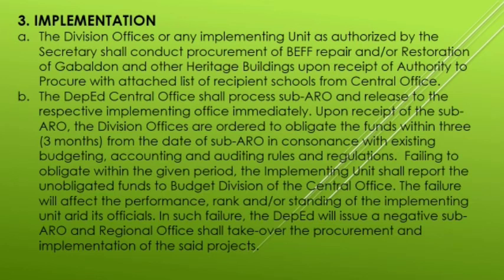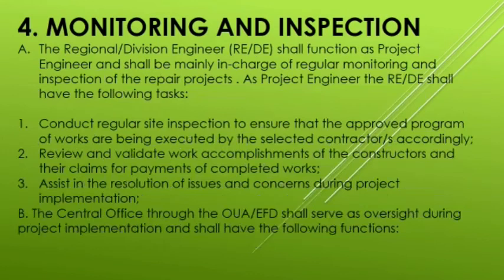The failure would affect the performance, rank, and or standing of the implementing unit and its officials. In such failure, the DepEd will issue a negative sub-aro and regional office shall take over the procurement and implementation of the said projects. So that is in the implementation program of repair of the classroom.